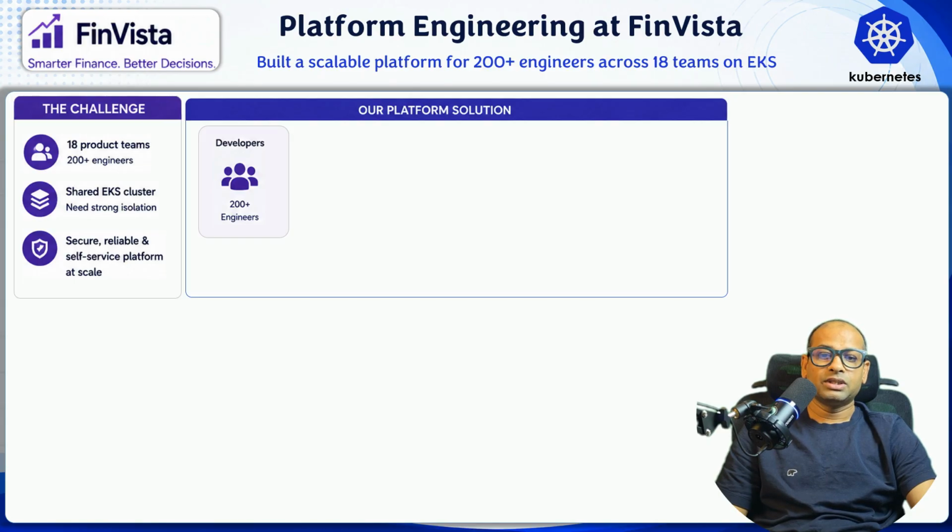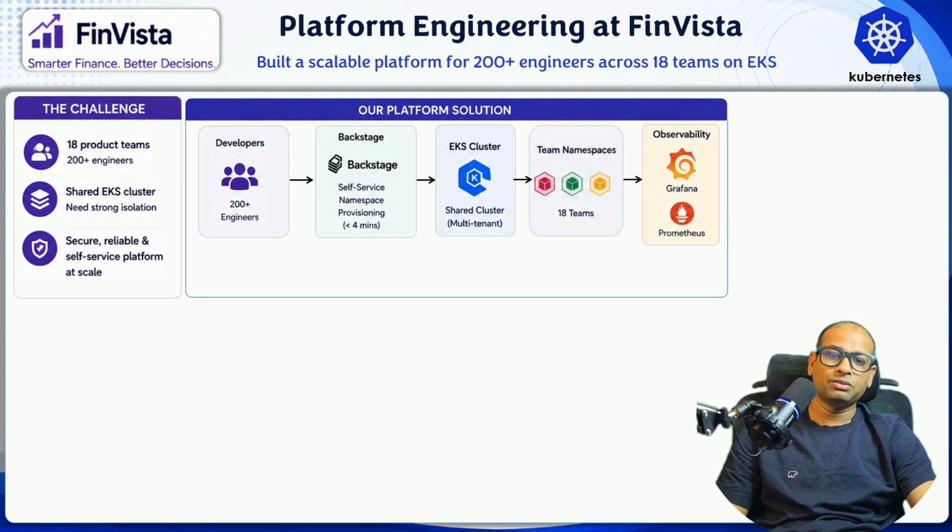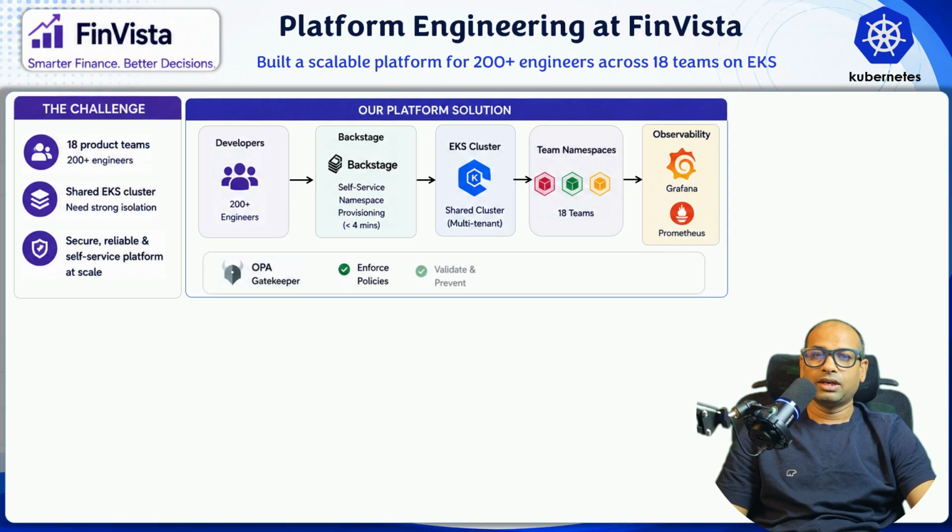Our platform solution for the 200 plus developers: Backstage self-service namespace provisioning. Backstage is an open source framework by Spotify, where self-service provisioning can be achieved in less than 4 minutes. The EKS cluster is a shared multi-tenant cluster with team namespaces, 18 teams, each with a separate namespace, and observability using tools like Grafana and Prometheus.